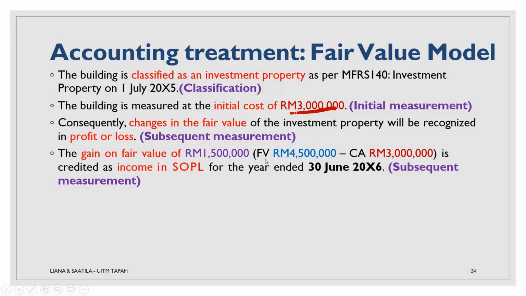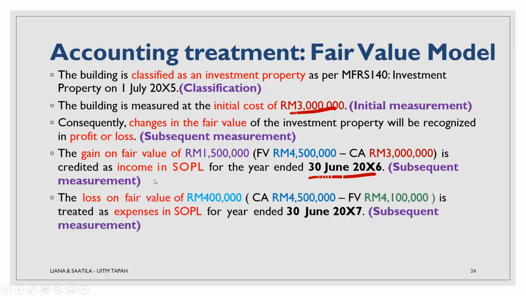Show the workings, which is the comparison between the fair value and the carrying amount. That was for the first reporting date, 30th of June, subsequent measurement number 1. And then the loss on fair value of 400,000 is because carrying amount is actually greater than the fair value. That was on the subsequent measurement date, 30th of June 2007.